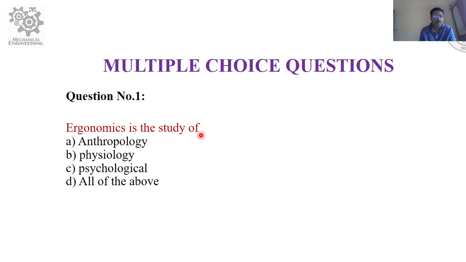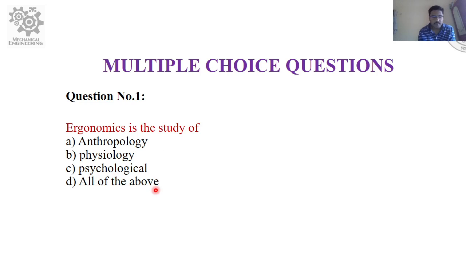The options are: A, anthropology; second, physiology; third, psychology; and fourth, all of the above.